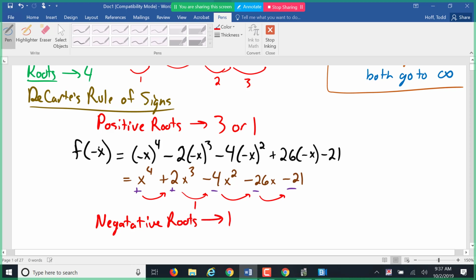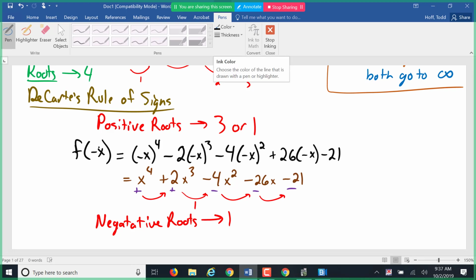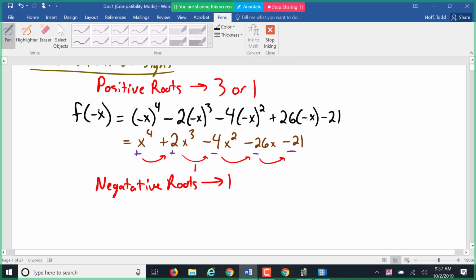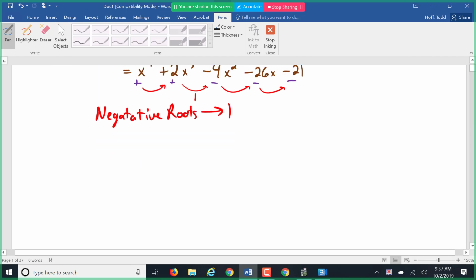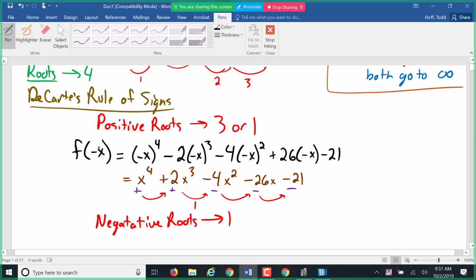There will be one negative real root. So we know that there's one negative root, and we know there's 1 or 3 positive real roots. If there's only one positive root, remember we said there has to be 4 total, that would mean the other 2 are complex roots.